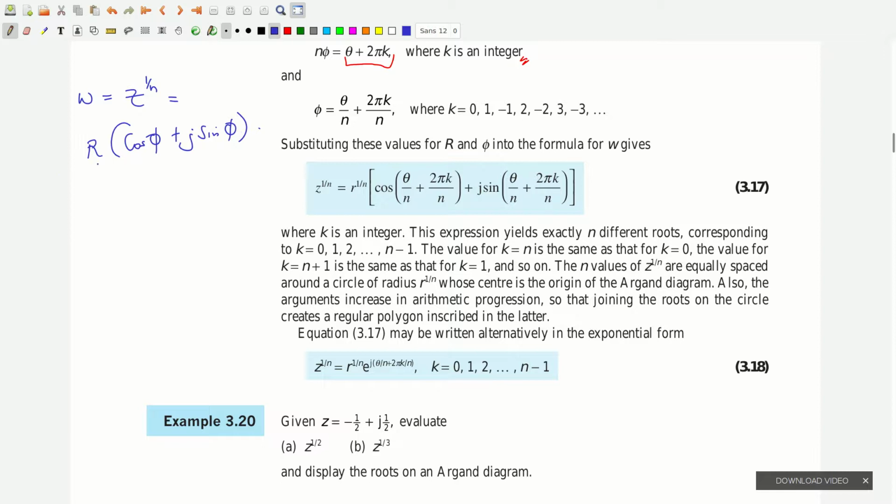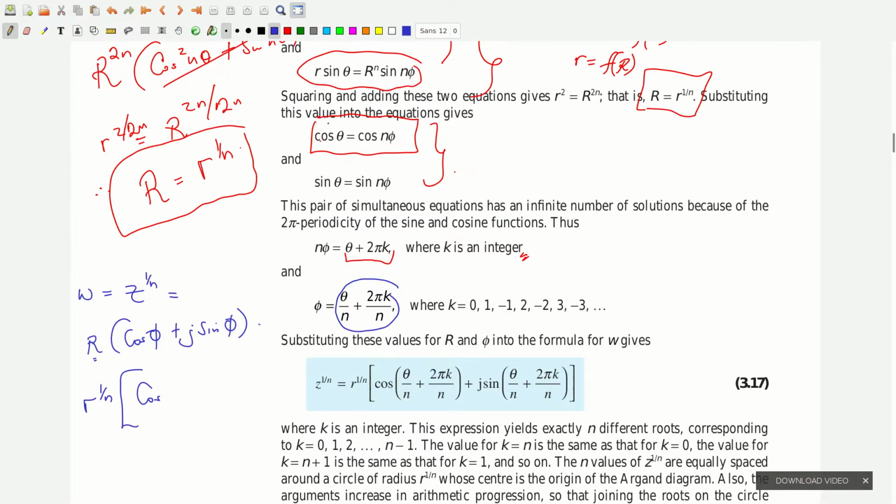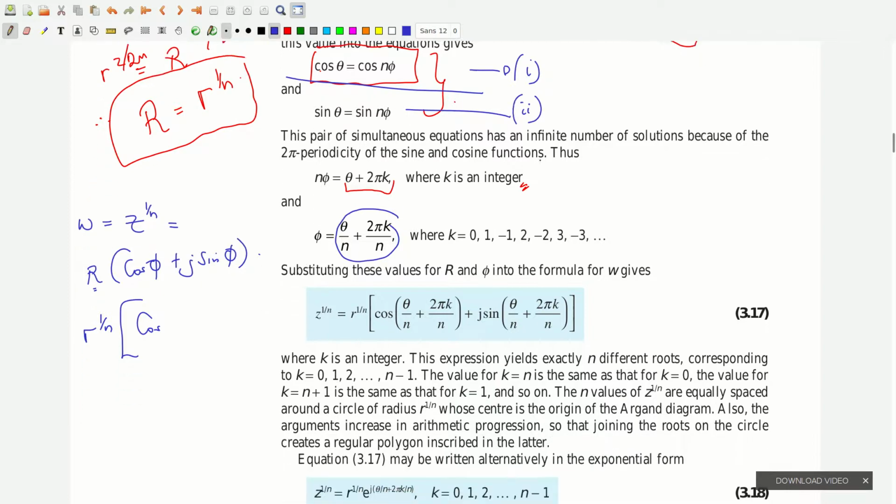Now we have r, which we found in terms of what we already know, and we have found our phi from solving these two simultaneous equations, given by equation 1 and equation 2, solving that simultaneously.